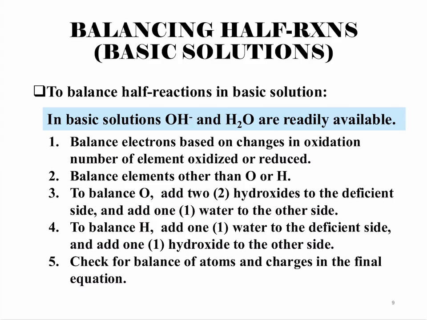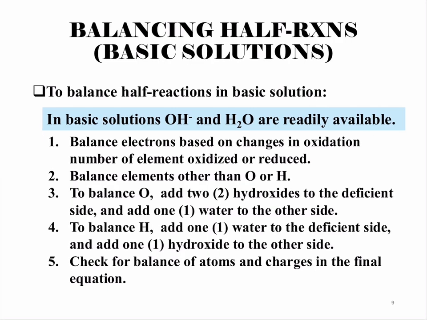We balance the number of electrons on either side of the half reaction, meaning the electrons in our reduction reaction on the reactant side and the electrons on the product side of our oxidation reaction should be the same. But then we're going to balance oxygen and hydrogen differently. To balance oxygen, we add 2 hydroxides to the deficient side and 1 water molecule to the other side.